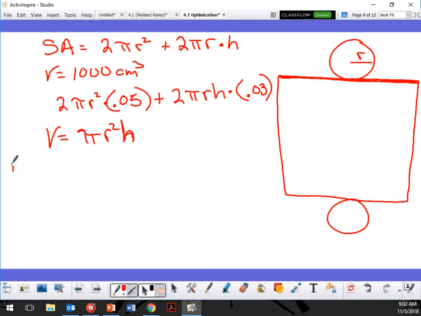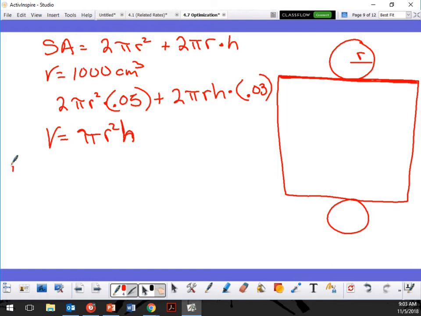Okay, so what don't I like here? I want to minimize this, so I want to substitute one of these variables. The first thing I'm going to get rid of is my h, because the h is only in one of these. The h is only talking about the side length, or the height of my container.